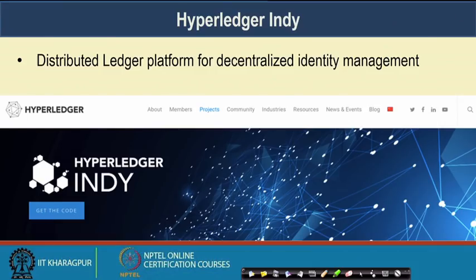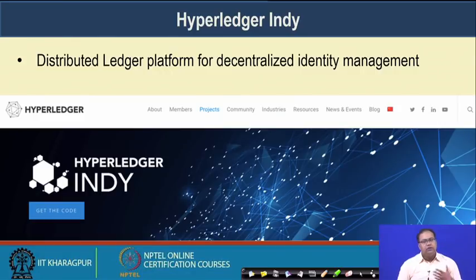Now, in today's lecture we will look into one example use case of digital identity management with the help of a Hyperledger platform, which we call Hyperledger Indy. This Hyperledger Indy is a project, a sub project under the Hyperledger project.